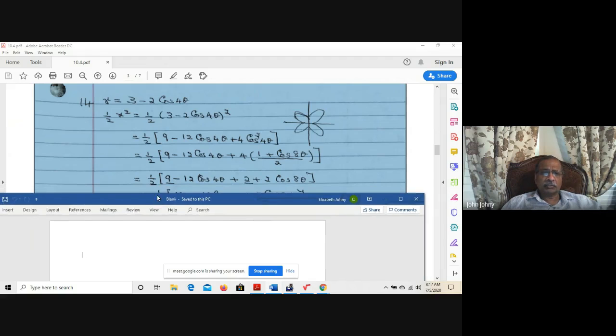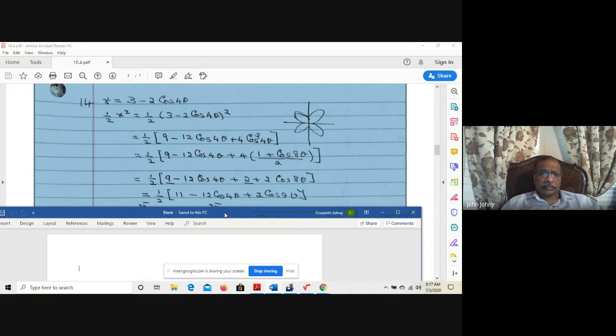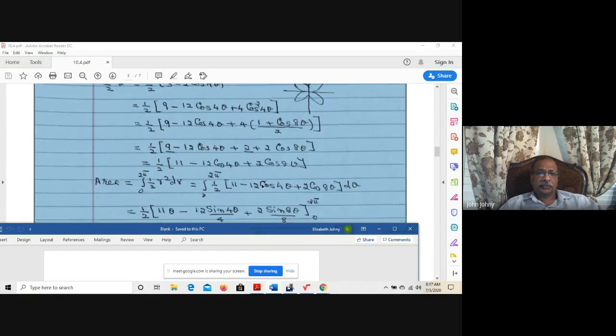That is equal to 1/2 times 9 plus 2, 11, minus 12 cos 4 theta plus 2 cos 8 theta. Now we are ready to integrate.